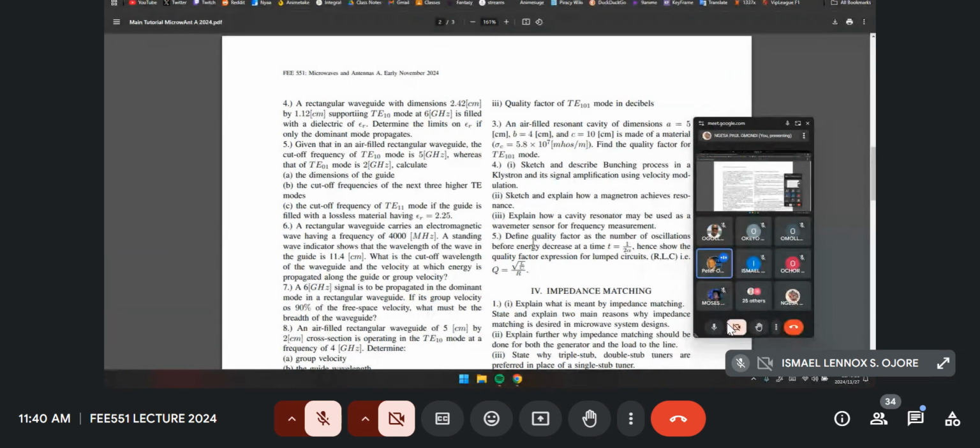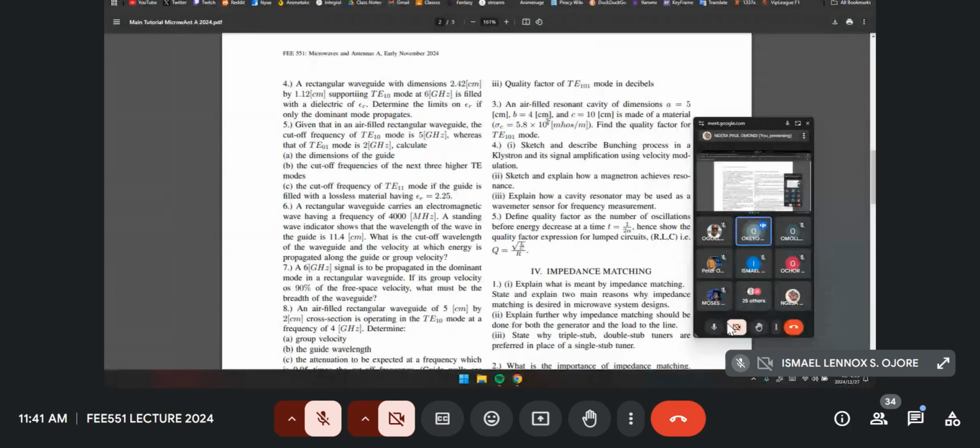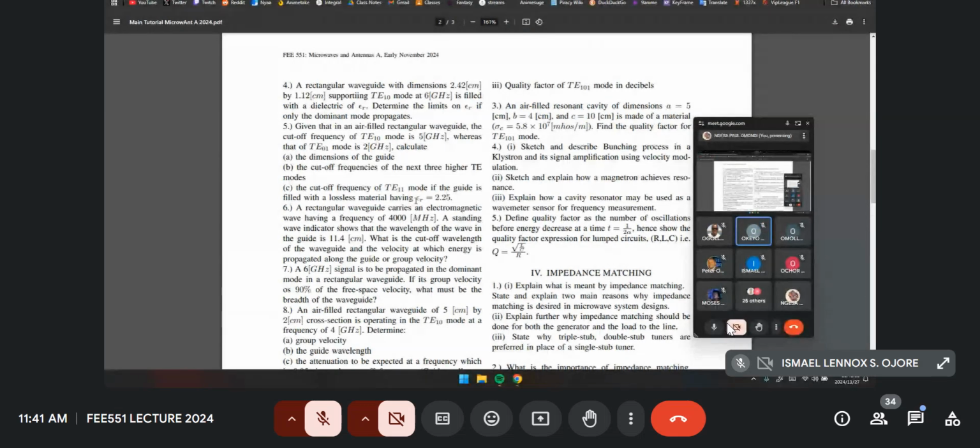Okay? Yes, I'm not able to join and participate actively. So just take note of areas where people are not agreeing. You can continue for number 6.